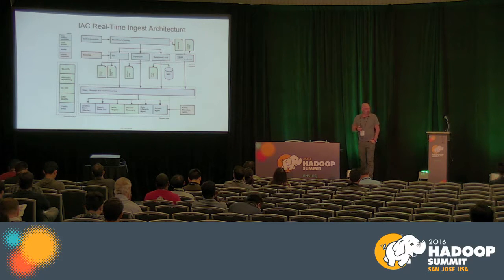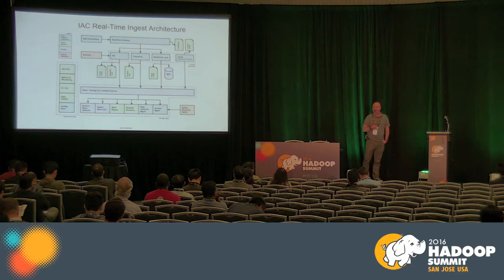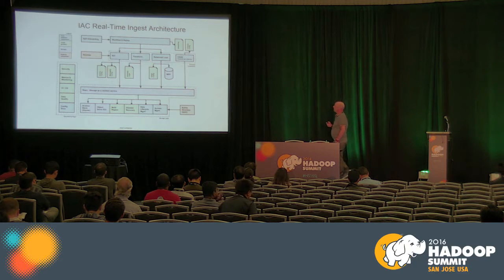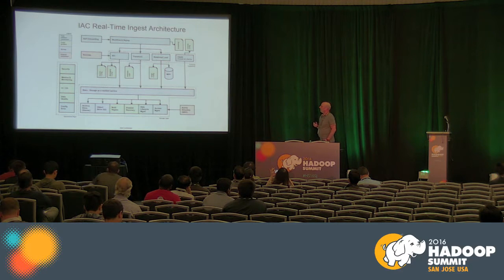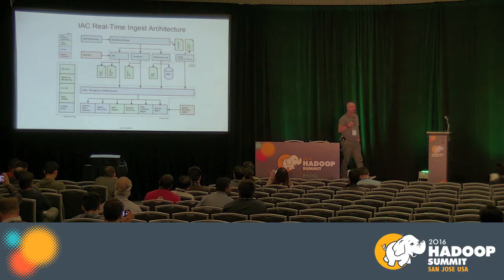Let me also show you a couple of architecture diagrams that show how we're building the Intuit Analytics Cloud. First, if you look at the purple bar at the bottom, that is our storage layer. We call that Storage as a Resilient Service, or STARS, and that's a wrapper around S3.